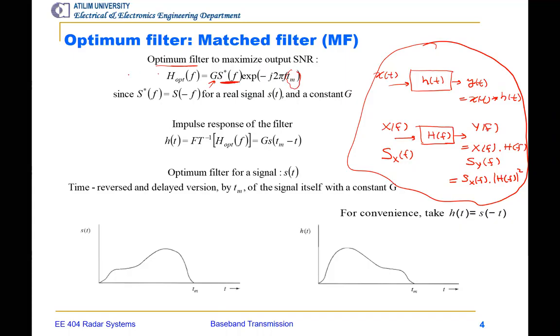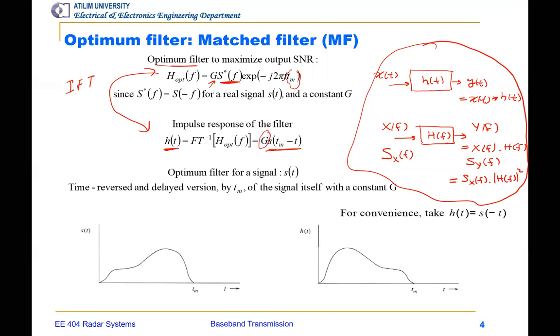Okay, if we take the inverse Fourier transformation of this, we see that the impulse response is simply the shifted, delayed, inversely delayed version of the transmitted signal times a constant G.